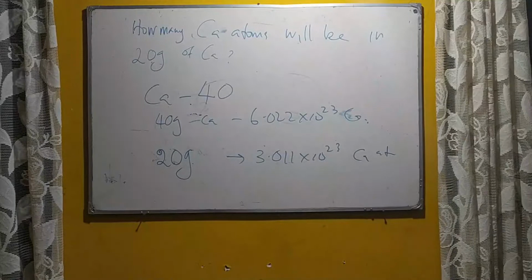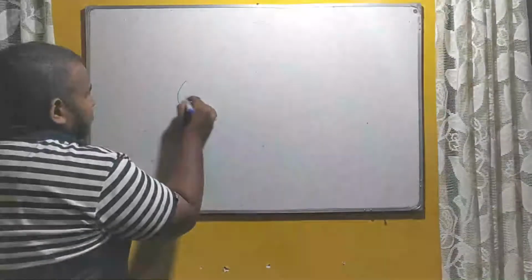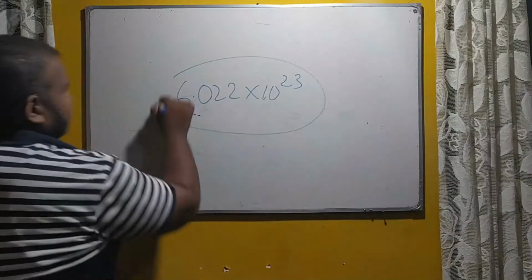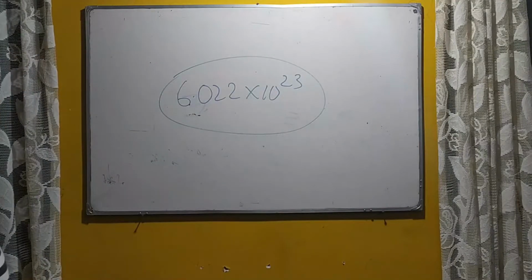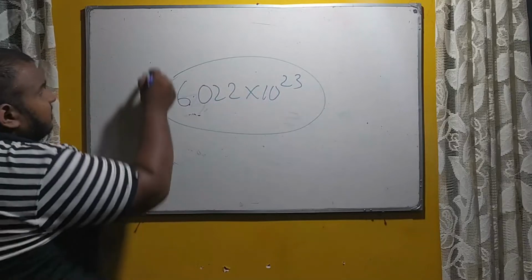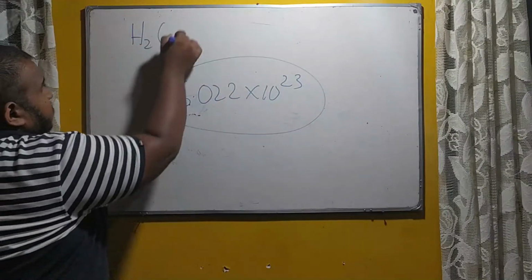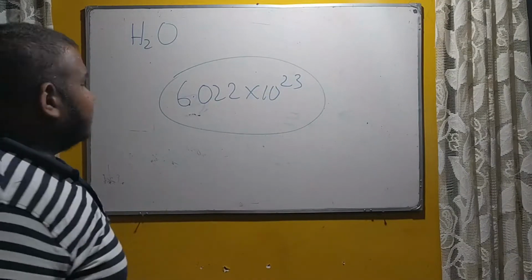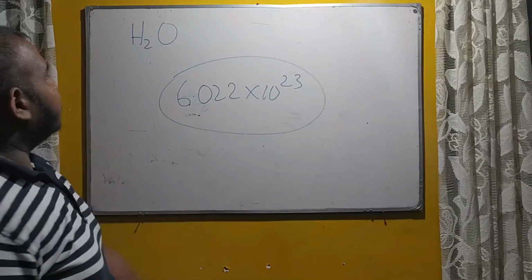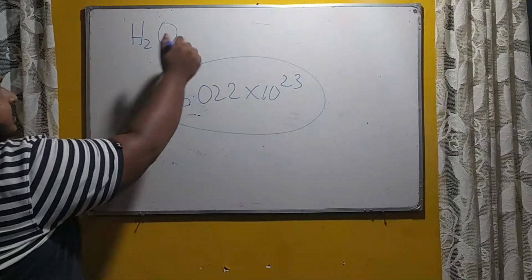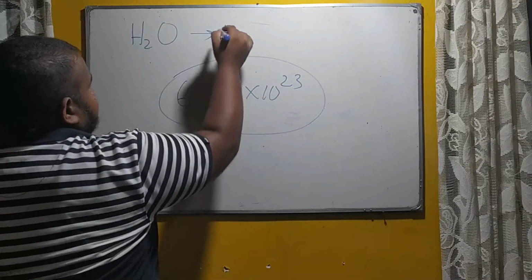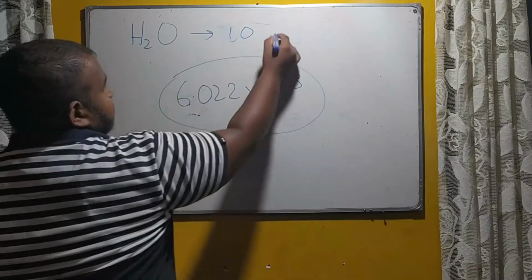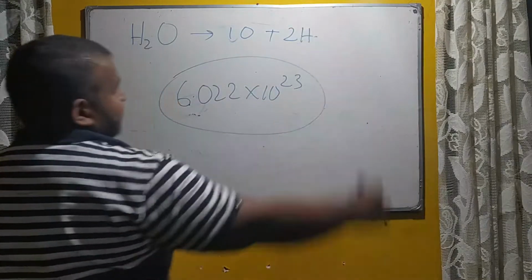The same applies to the Avogadro constant. I would like to say about another thing. What is the value? 6.022 into 10 to the power of 23. We all know the compound called H2O. We call it water. The chemical formula is H2O, so there is one oxygen and two hydrogens.